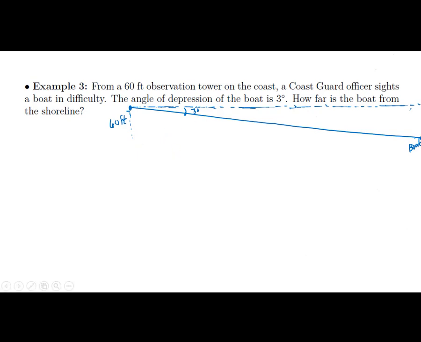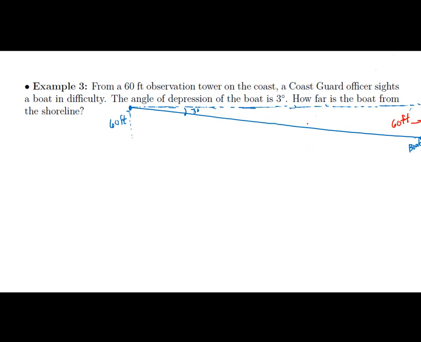Well, I can see that I know the opposite side of this triangle, right? It's 60 feet, just like the tower is 60 feet. If the base of the tower is right on the coast at sea level, then this side here is also 60 feet.